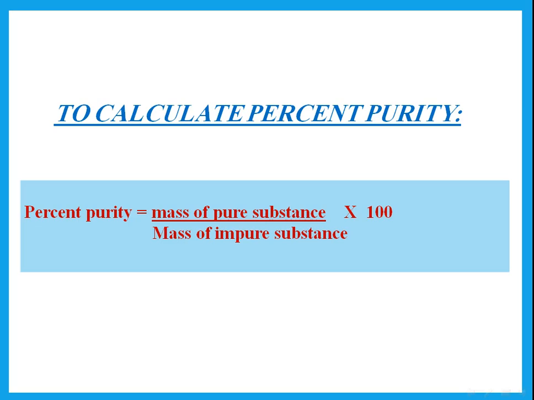I have 5 grams of calcium carbonate, but I'm telling you that actually this calcium carbonate is not pure. So in the 5 grams, I have only 4 grams of calcium carbonate plus other impurities. Are you following? Then, if I say 4 grams of the calcium carbonate and the rest is impurity, the percent purity will be the 4 over the total mass of the substance times 100.